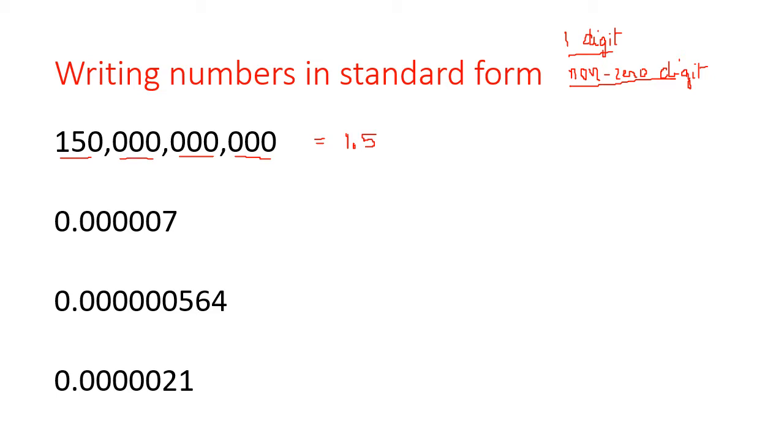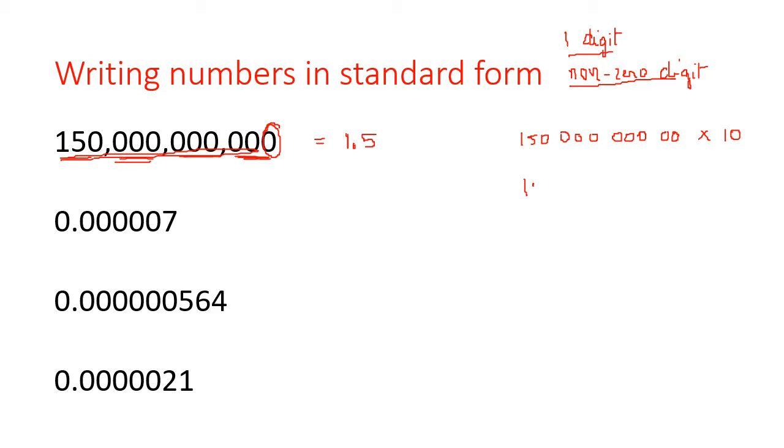You can see this number can be written as 150,000,000. So you can see 150 I have written, 000,000. Now the last three zeros I don't write, I only write two zeros and I write into 10. Can you see what I did here? I took this zero separately as this number into 10 gives me the whole number.